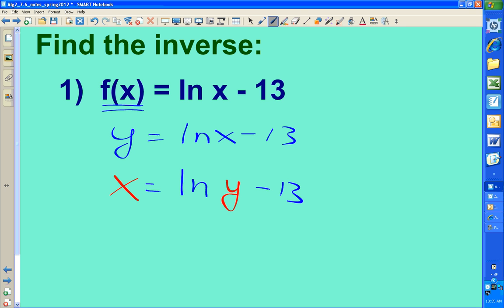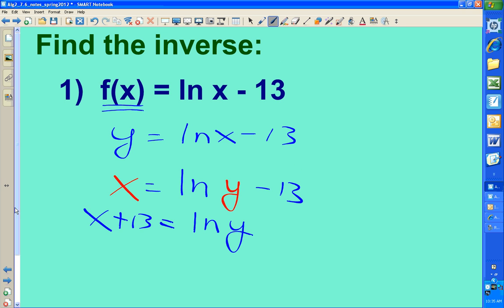What do I do first? Add 13, very good. So x plus 13 equals natural log of y. And how do I solve for y? When you're stuck, use the definition of a log. What's our base here? e.